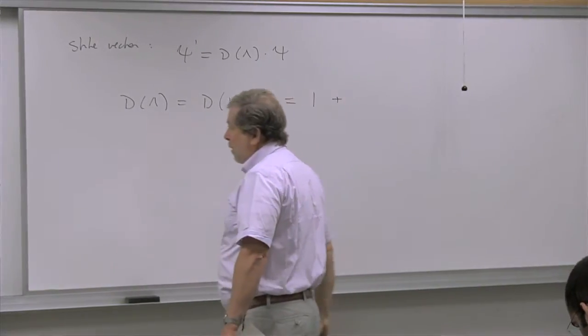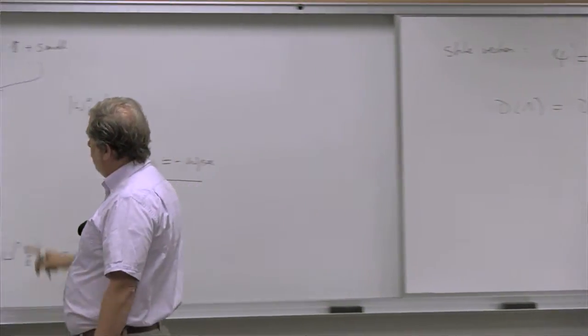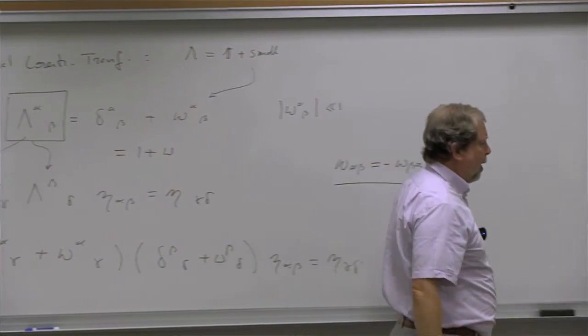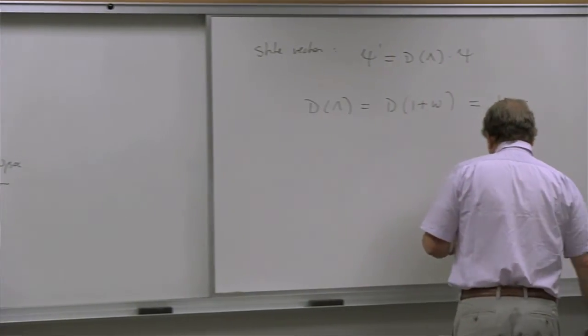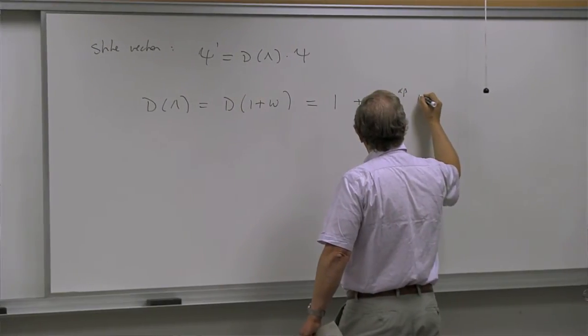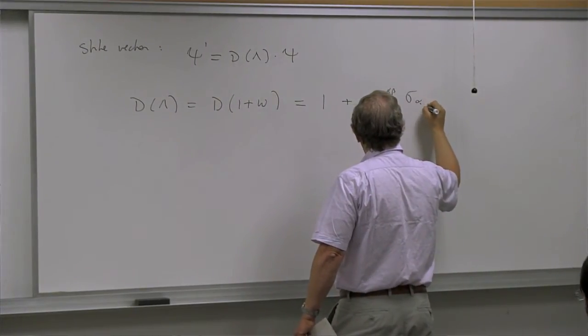And that other piece will depend on this angle, which is what determines how much rotation you have. So plus omega alpha beta times some matrix, sigma alpha beta.